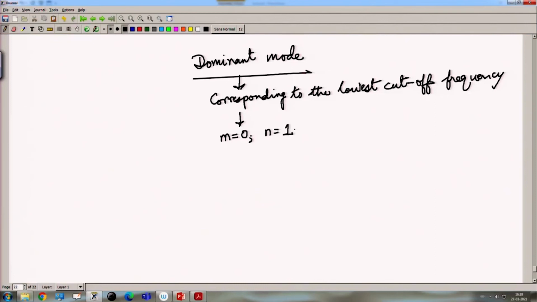So, if m equal to 0, if you derive the equations for the electric and magnetic fields for the TE to Z mode, or in this case the TE01 mode, which is the dominant mode.